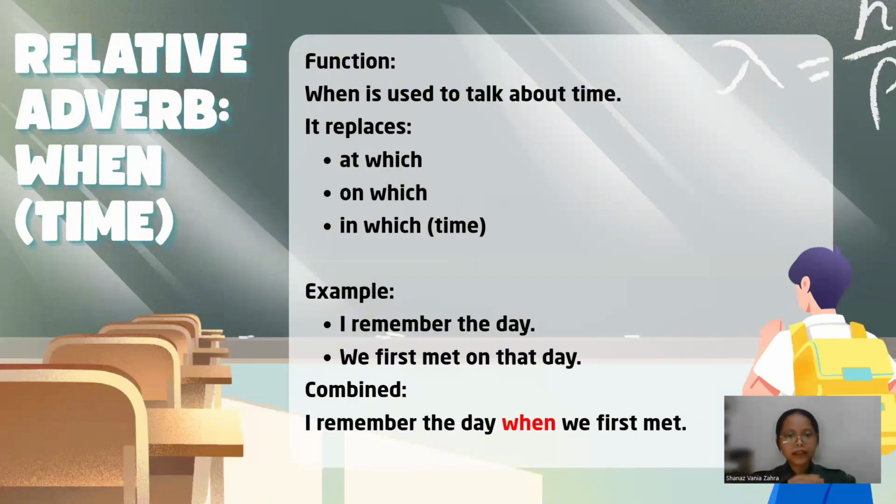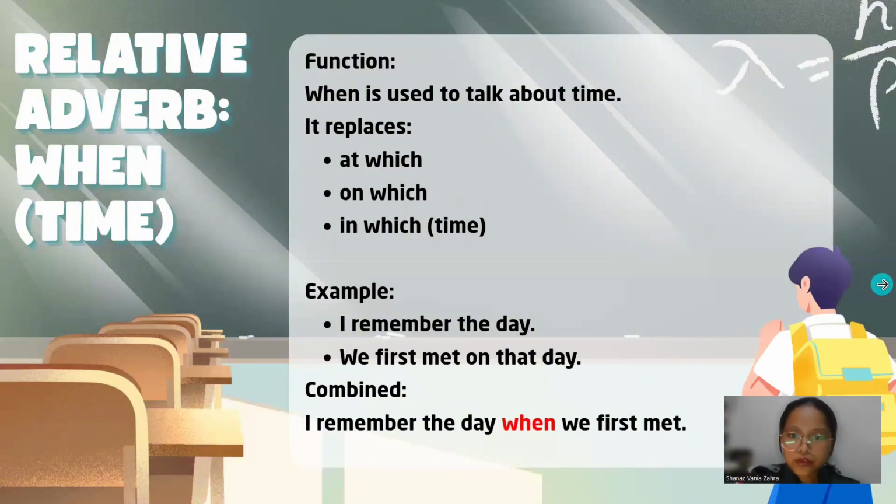When we combine these two sentences, we do not repeat the phrase "on that day". Instead, we replace it with "when", which has the same meaning as "on which", "at which", or "in which" when talking about time. So in the sentence, I remember the day when we first met, "when we first met" explains the time and gives clear information about the day being remembered. The noun before "when" must be a time word, like day, year, moment, time. Like that.